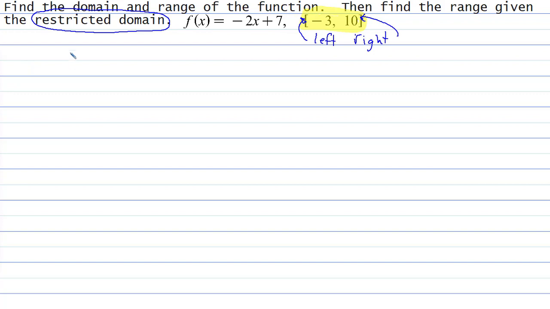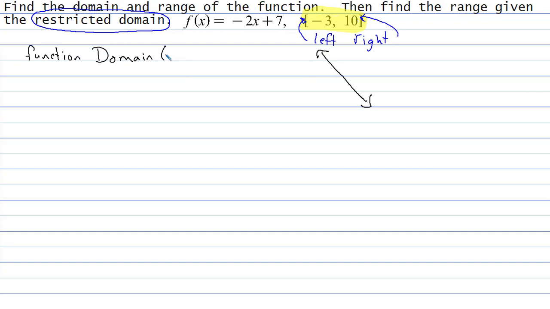So we're just looking for the function's domain and range. This is going to be a linear equation. It's got a negative slope, so that means I'm falling as I'm going to the right. So my graph is going to look something like this. Is there any stop or start points for my x values?